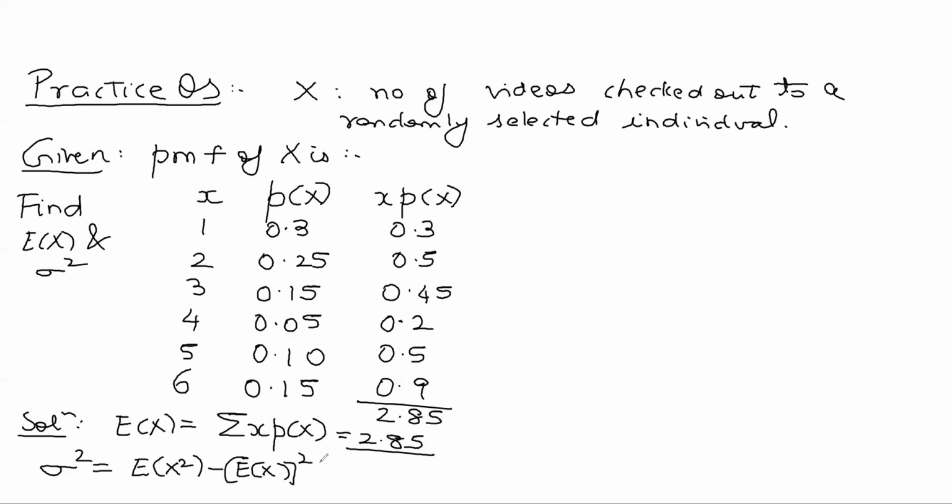We need to find X square first. So X square will be 1, 2 2s are 4, 3 3s are 9, 4 4s are 16, 25 and 36. So we now need to find X square into P of X. X square into P of X means we'll multiply this column with this column.